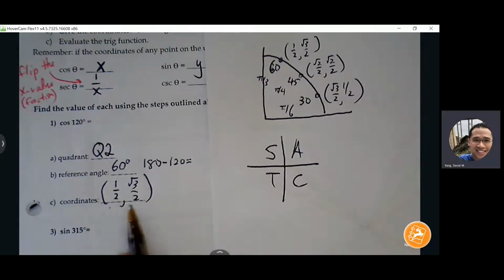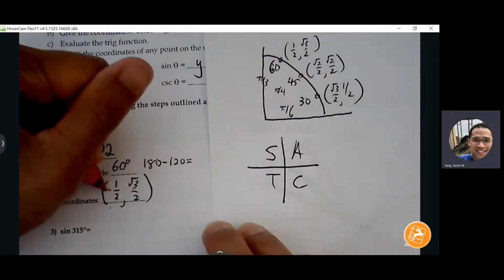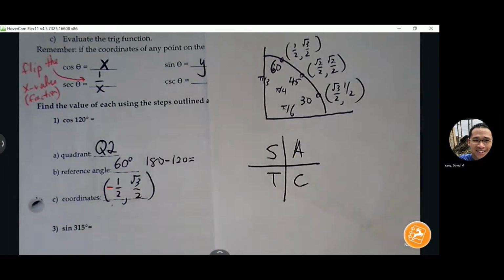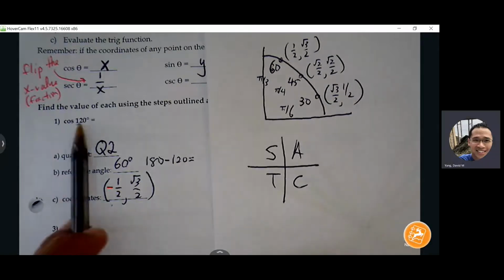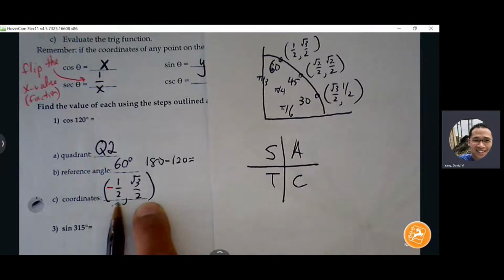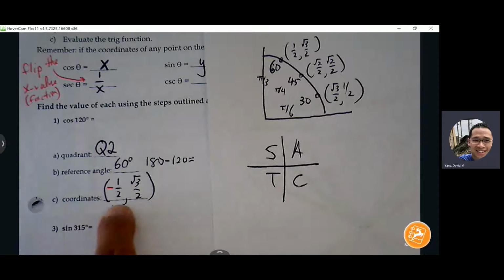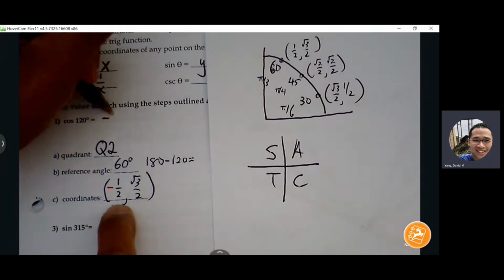My order pair in the second quadrant is going to be negative x and positive y. And now cosine of 120 degrees, I know cosine is the x value, so I can just pull that negative one half out.